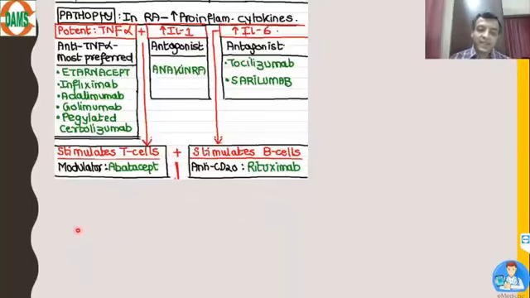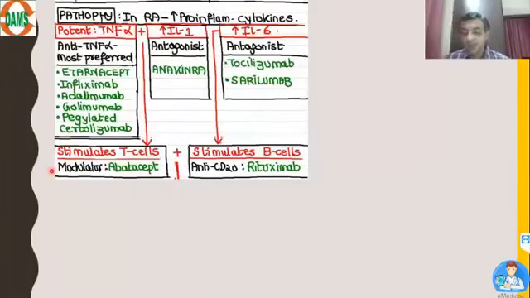For the T cell, we have a T cell modulator, abatacept. For the B cell, we have the anti-CD20 rituximab, which we studied with SLE.